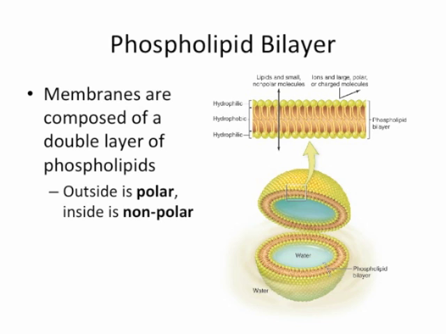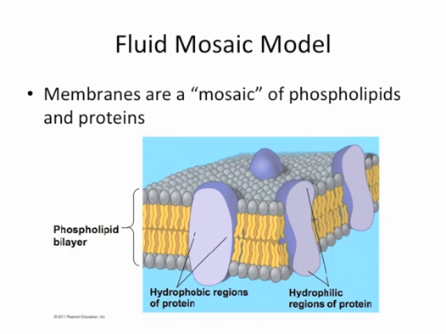What those tunnels are built out of are proteins. So membranes are composed of both phospholipid bilayers and proteins. These purple blobs here represent proteins that are embedded in the phospholipid bilayer. One of their roles, and we're going to look at some of their other roles later, is to provide passageways to allow polar things and ionic things to pass through the membrane.